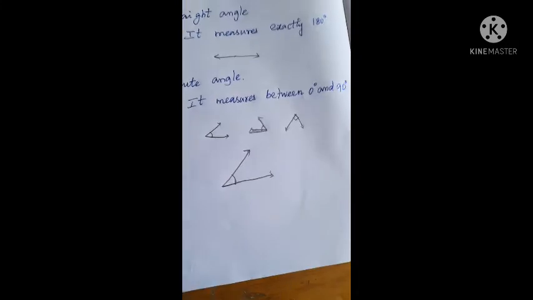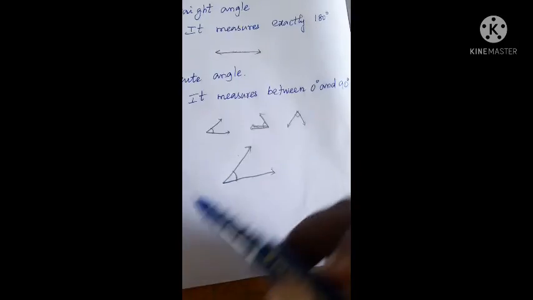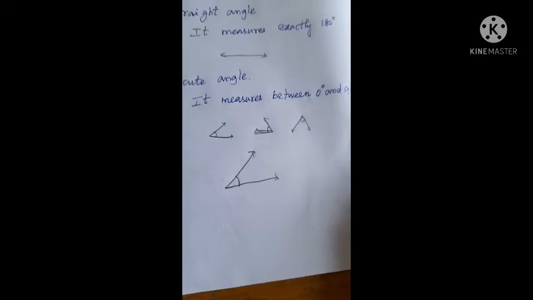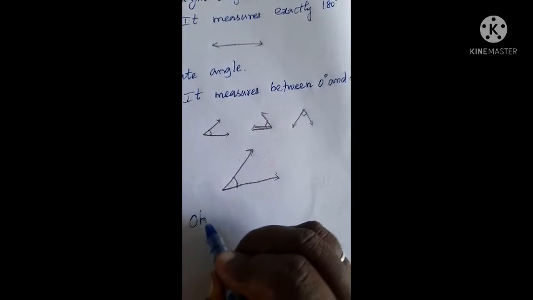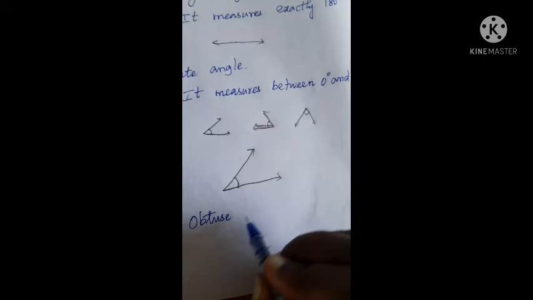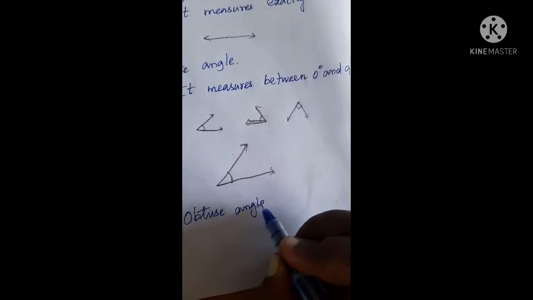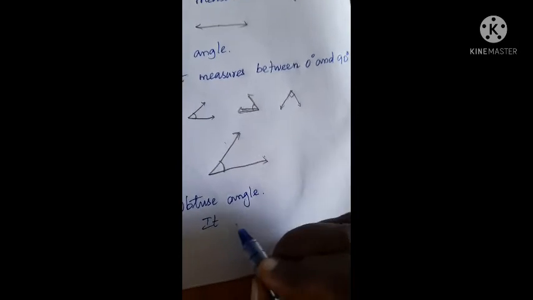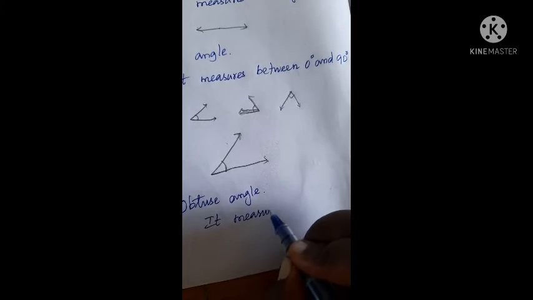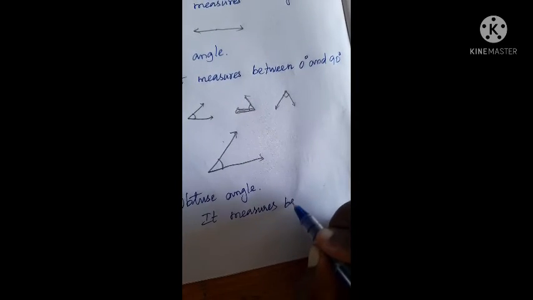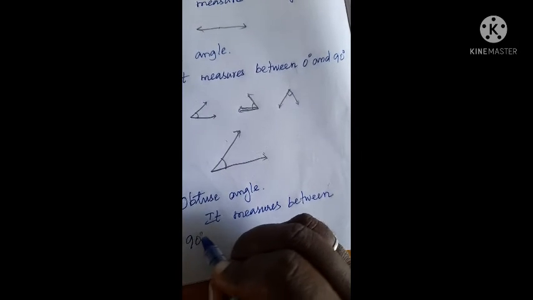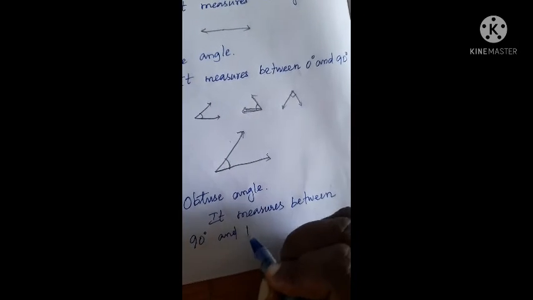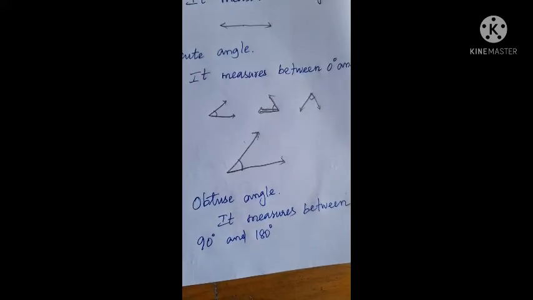Next, obtuse angle. An obtuse angle measures between 90 degrees and 180 degrees. It is called an obtuse angle.